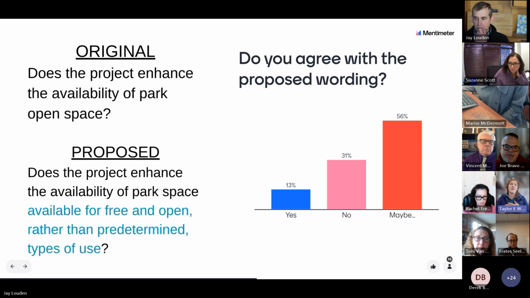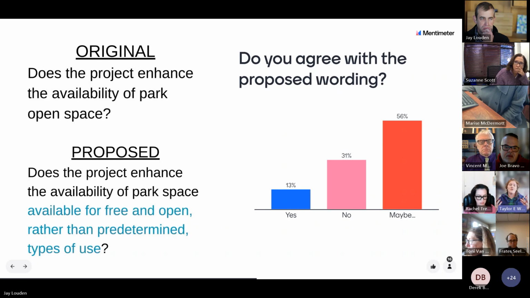If there's a project that has such a strict interpretation or limits availability of use to such an extent that existing public uses of the park would become more limited, that's where people would be concerned.